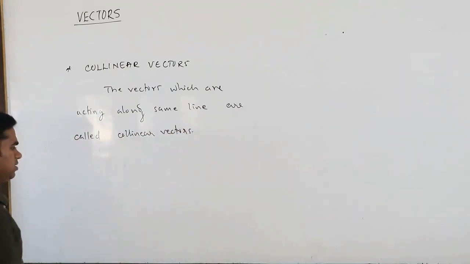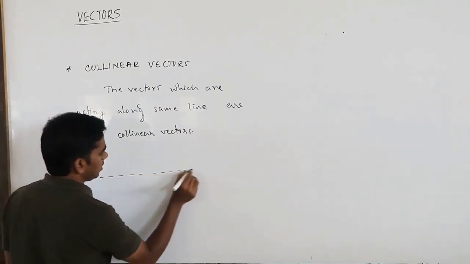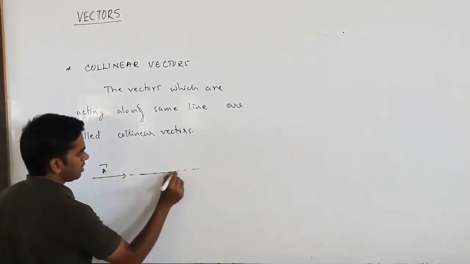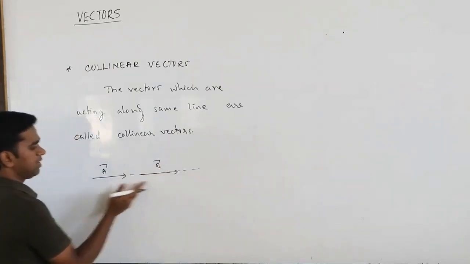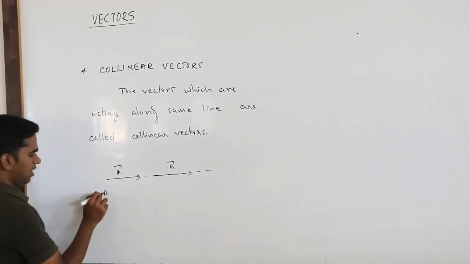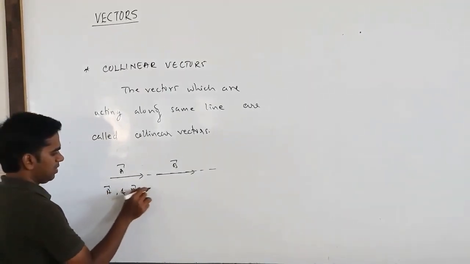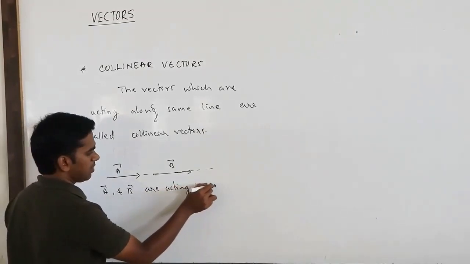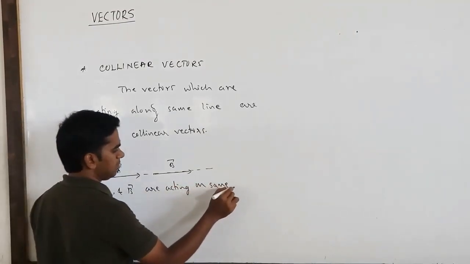So you can understand, suppose this is the line, so vector A is acting here and another vector B is acting here. They are acting on the same line.